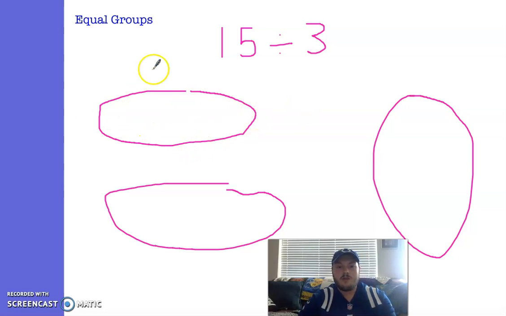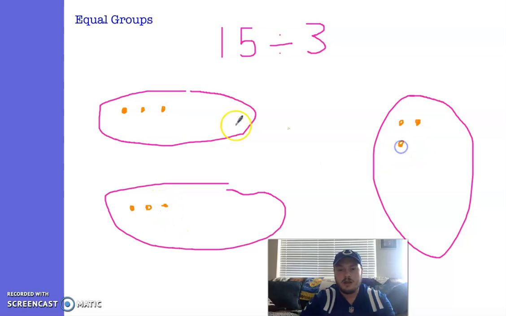Now, if I'm putting it into equal groups, I'm going to put whatever shape I want until I reach my total of 15. So I've got 1, 2, 3, 4, 5, 6, 7, 8, 9, 10, 11, 12, 13, 14, 15.